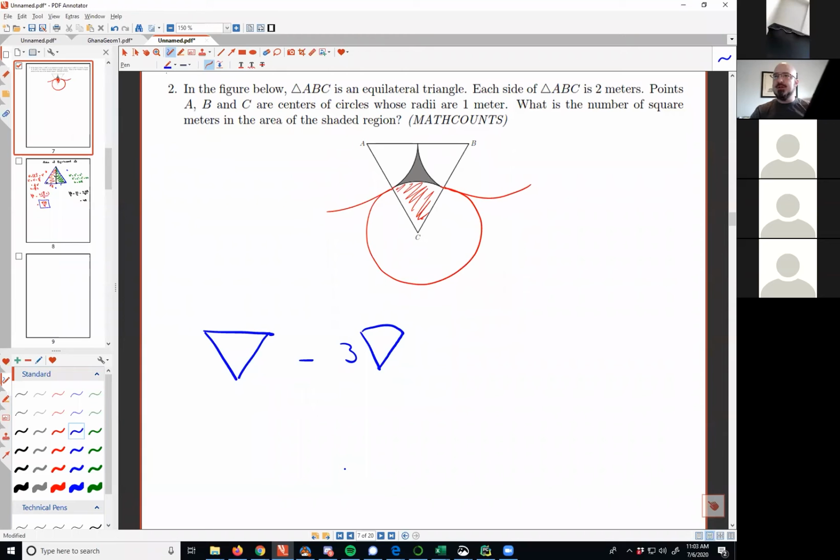How do we apply the formula that we just derived? That'll be 4 root 3 over 4. Goes root 3.